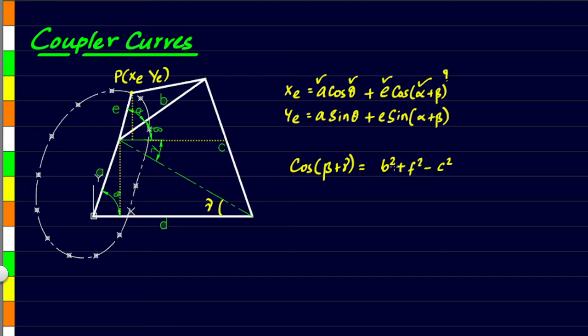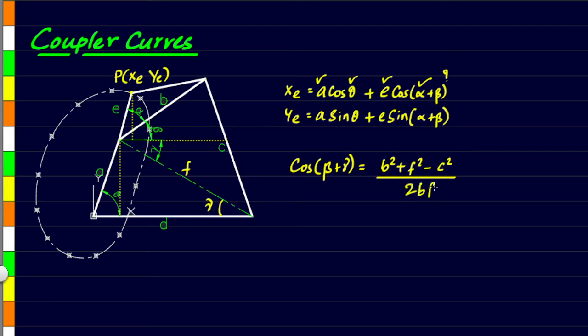What this f is, is this diagonal length over here. b is the length of the coupler, and c of course is this rocker length.